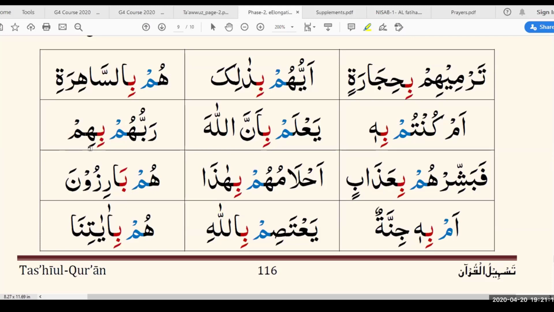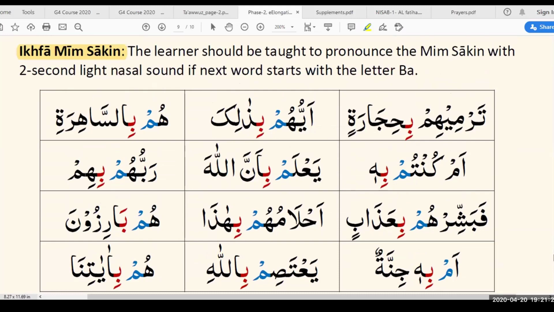Okay, so what I want you to do now is read the second line. But before you do that, when I was just talking about the idgham letters, I'm not sure if I mentioned it the correct way.